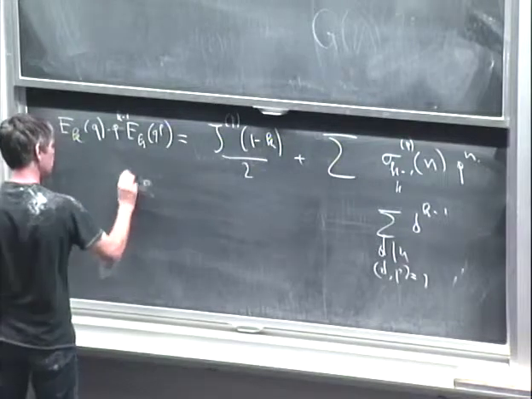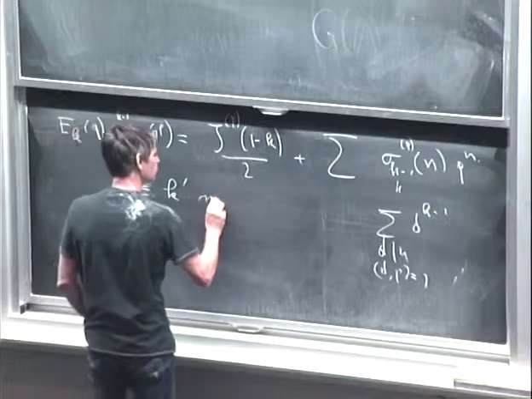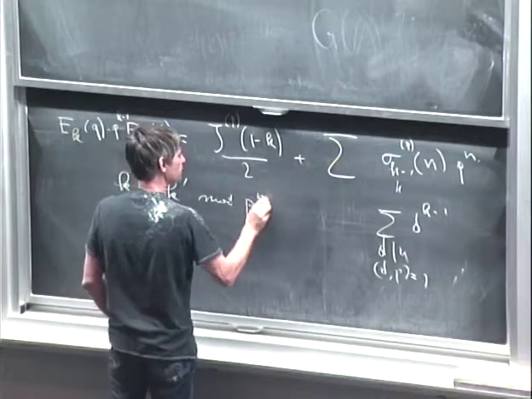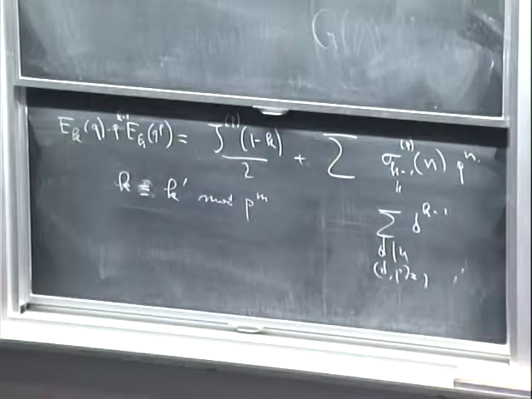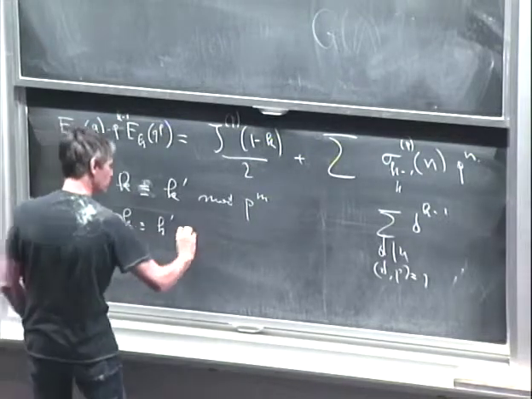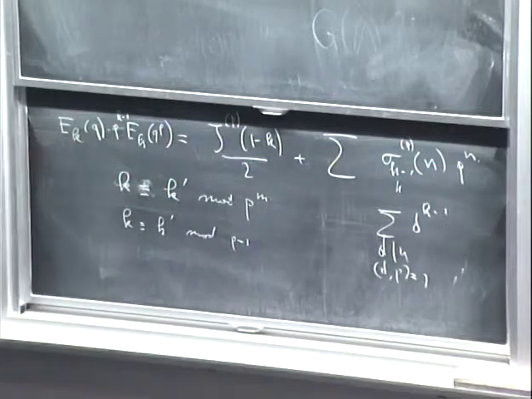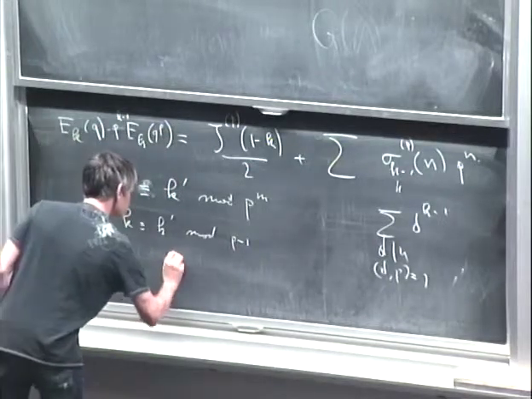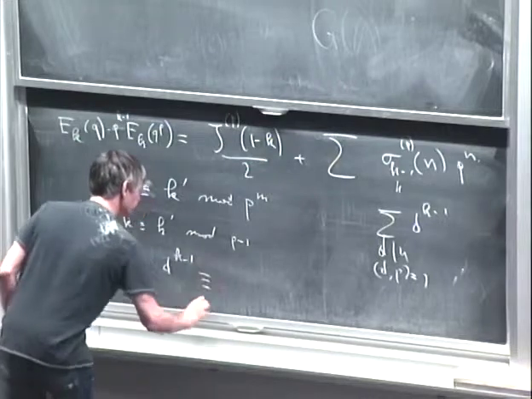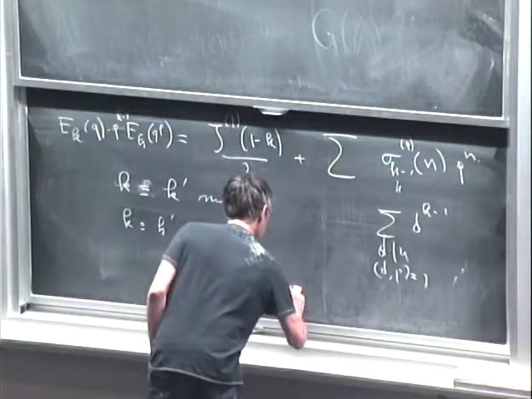It is well known that if you have k which is congruent to k prime modulo p to the m, and if you also have k congruent to k prime modulo p minus 1, then d to the k minus 1 is going to be congruent to d to the k prime minus 1 modulo p to the m.